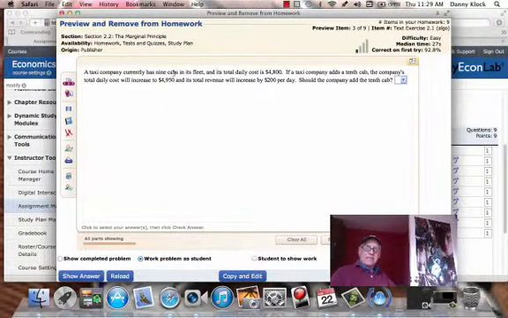Next, a taxi company currently has 9 cabs in its fleet, and its total daily cost is 4,800. If they add a 10th cab, and again, this is looking marginally, if I add an extra unit of production, one more cab, the company's total daily cost will increase to 4,950.